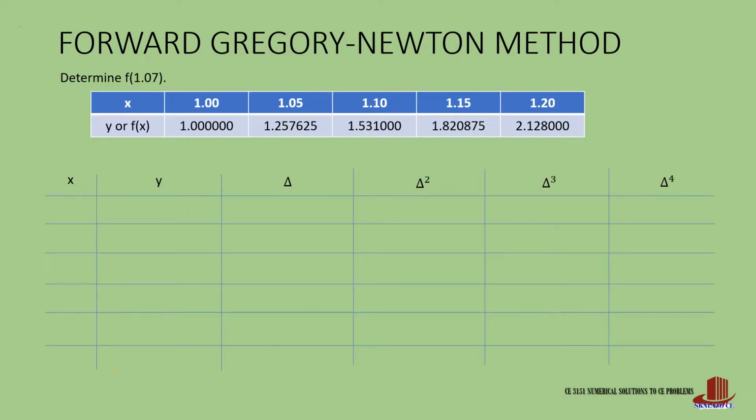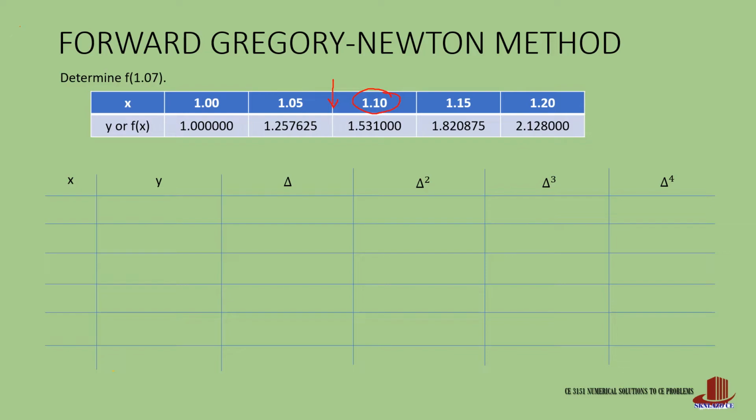Let's start computing for our required f of x with x given as 1.07. Checking on the spot, we would find from the table 1.07 at this location, which is before our mid value. Thus, we are going to use forward Gregory-Newton method. In this method, we are going to start off with the table.